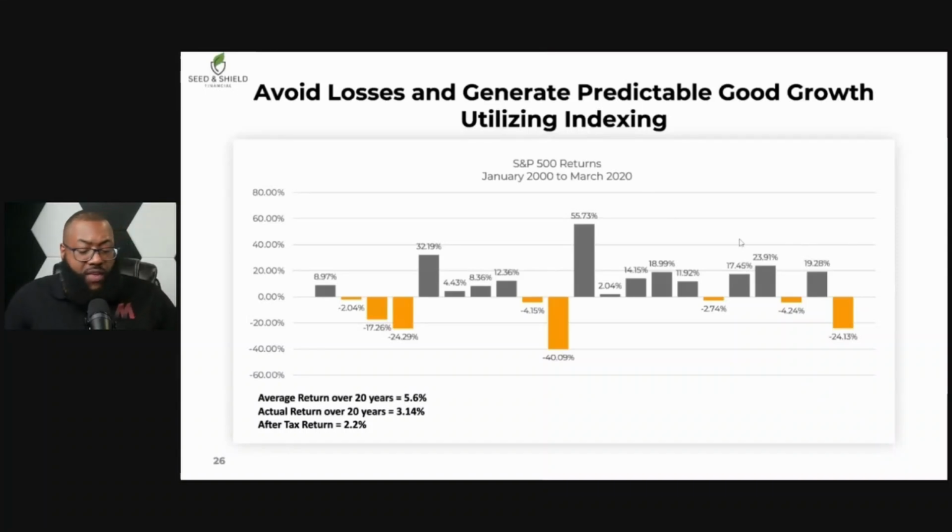So starting in 2000, you can see it was up 8.97%. And then 2001, down 17.26, and so on. All right. So a person who had money in the stock market at this time would have experienced this roller coaster, these ups and downs, right?